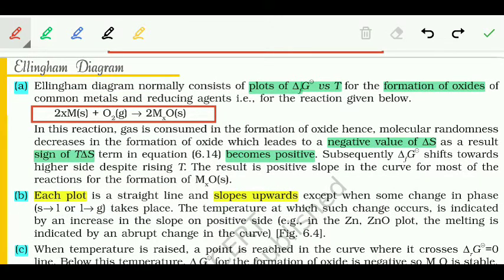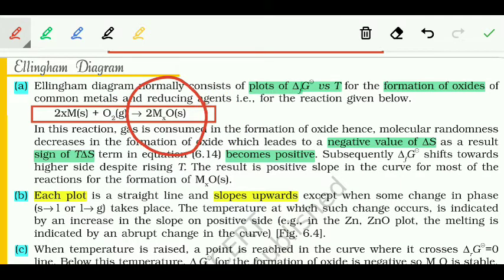Hence, molecular randomness decreases. See, initially in the reactants we have oxygen in the gaseous phase. So the randomness is higher due to oxygen, so we can say that the entropy is higher. But as soon as the reaction proceeds, we get the metal oxide as a product, and the physical state of the metal oxide is solid.